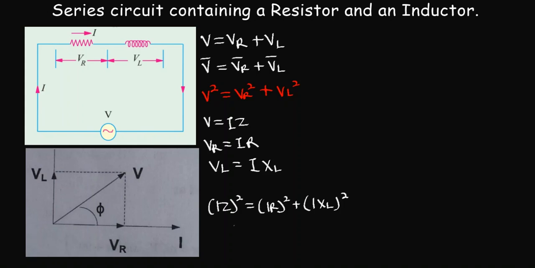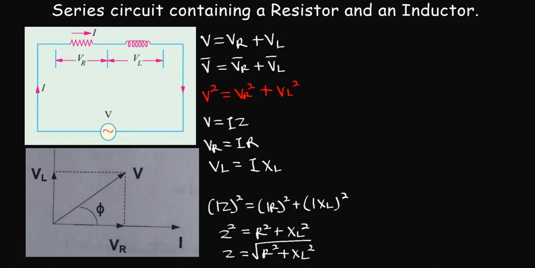Then you're going to have Z squared equals R squared plus XL squared. To find the impedance, we just have to make Z the subject by finding the square root of both sides, and we are going to have Z equals the square root of R squared plus XL squared. This gives us the formula for the impedance for this circuit.